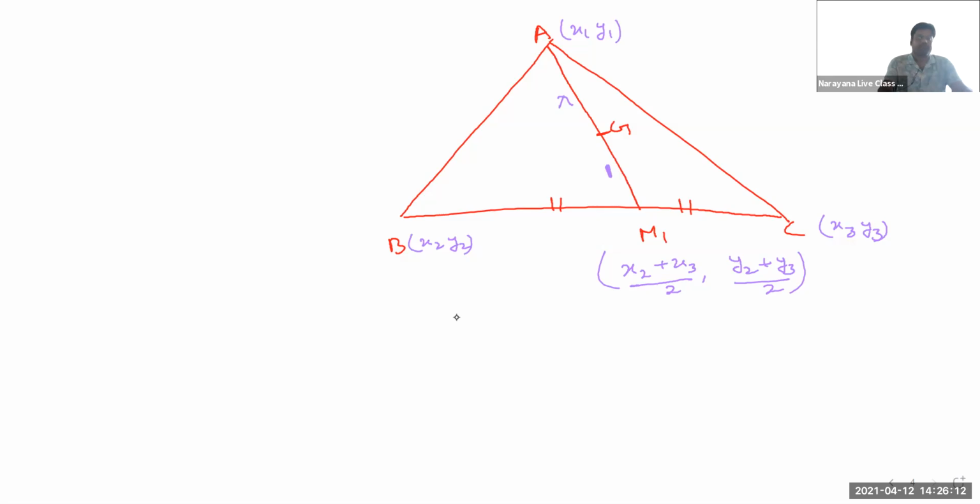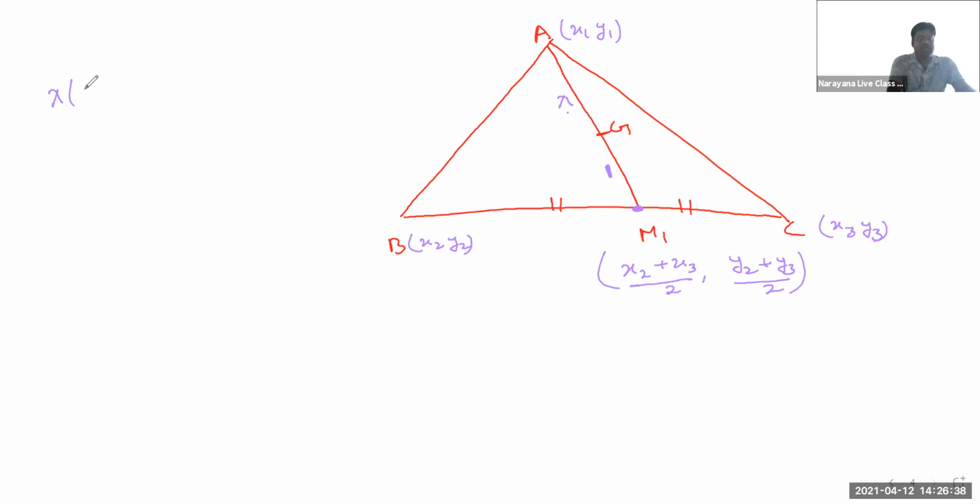Now we have taken AG as lambda and GM1 as 1. So now we have the coordinate of M1 and the coordinate of A, and the ratio in which G divides AM1, which is lambda is to 1. So by using the section formula, we can write lambda times of this and 1 times of this.